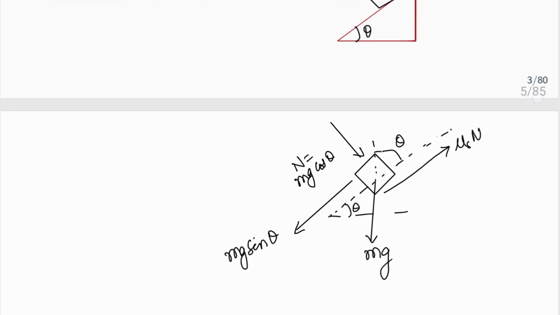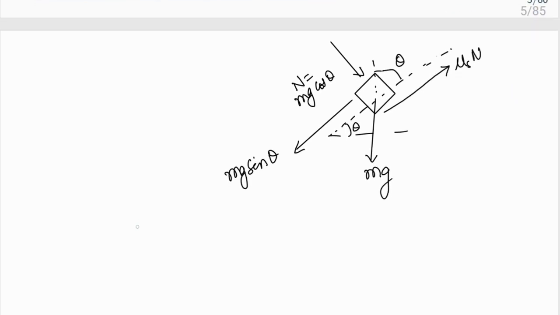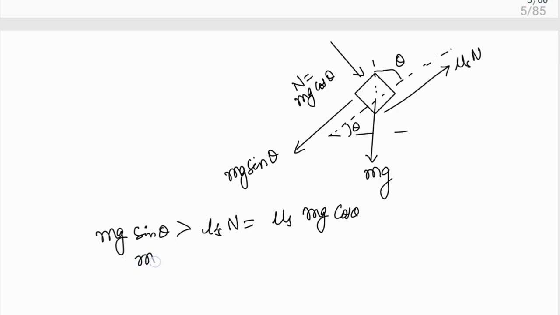So writing the condition of just slip, mg sin theta greater than mu s into N, which is equal to mu s mg cos theta. Since it is asked not to slip, we can use this inequality the other way.